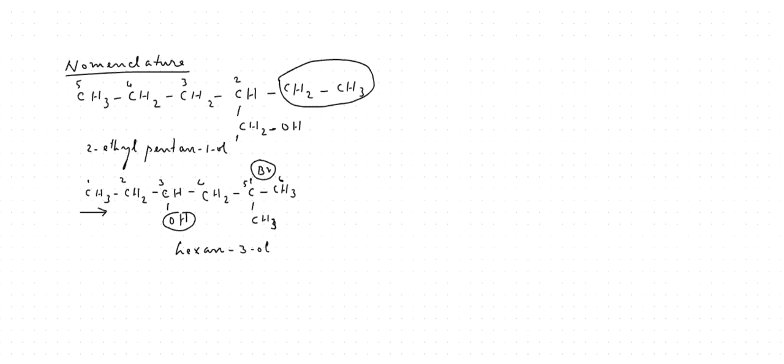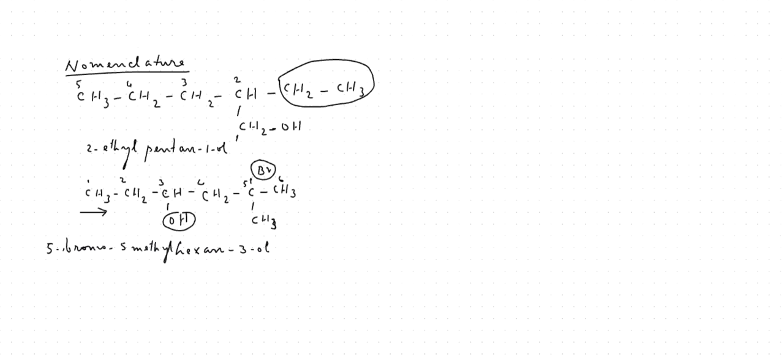And in the fifth carbon, bromine is attached and a methyl group is attached. So the name is going to be 5-bromo, 5-methyl, hexane 3-ol.